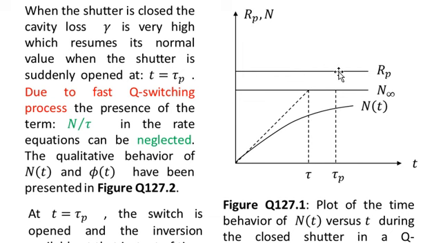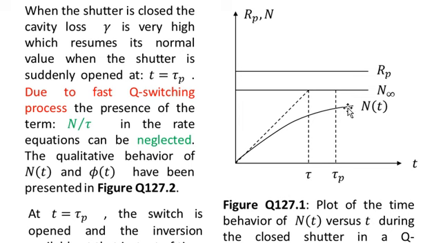So in principle the Rp value is applied up to this point, you see. But if you further increase the pumping time, usually the pumping is done up to the point tau p, because it effectively increases the population inversion up to this point.